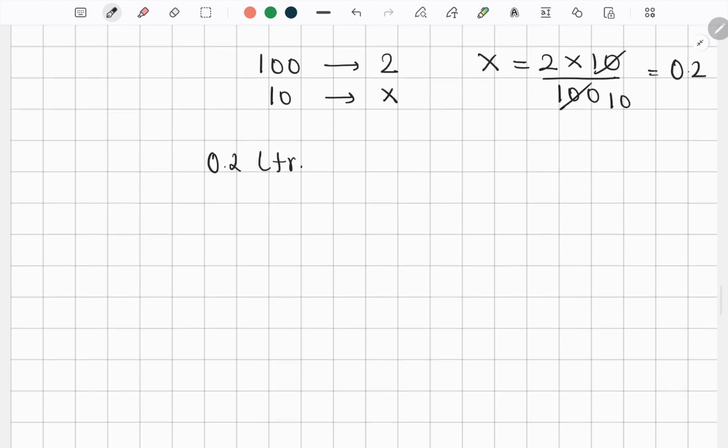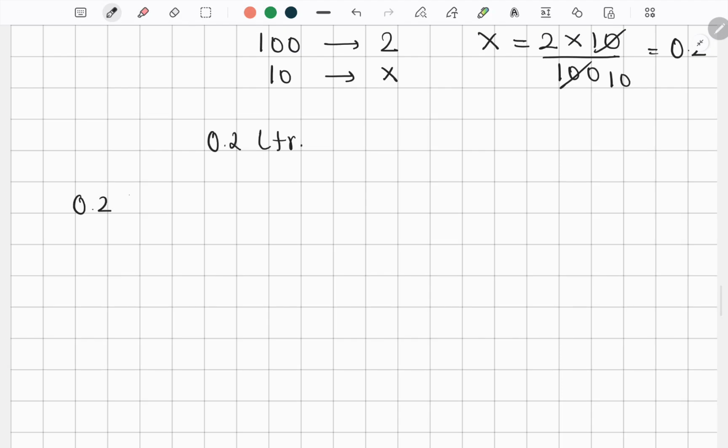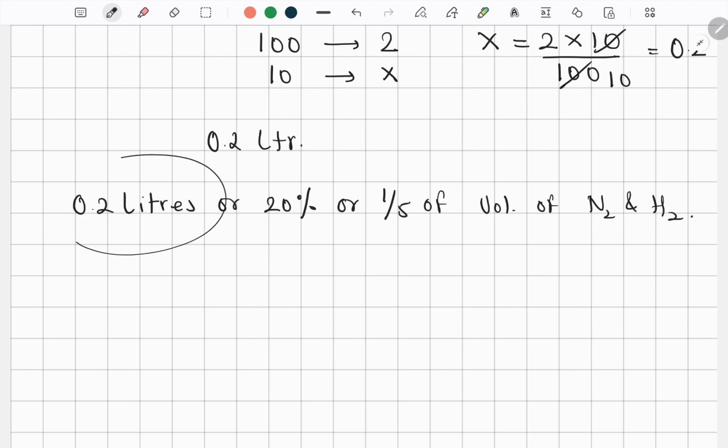But in the textbook the answer is 0.2 liter, or 20%, or 1/5 of the volume of N2 and H2. Now we got that 0.2 liter from here, but what about 20% and 1/5 of the volume of N2 and H2? Let's understand that part.